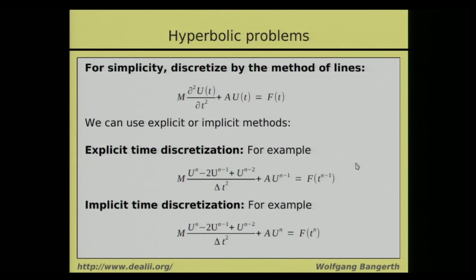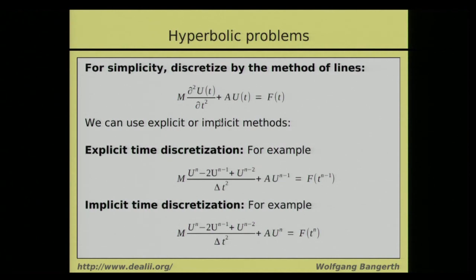And here are the two simplest time discretizations. So if I choose an explicit time discretization, then I need to evaluate this term A times u at time n minus 1, and the same thing for the right-hand side. Whereas if I chose an implicit time discretization, I would evaluate it at time u_n. That's the time that I want to solve for right now, and on the right-hand side, f also at time t_n.